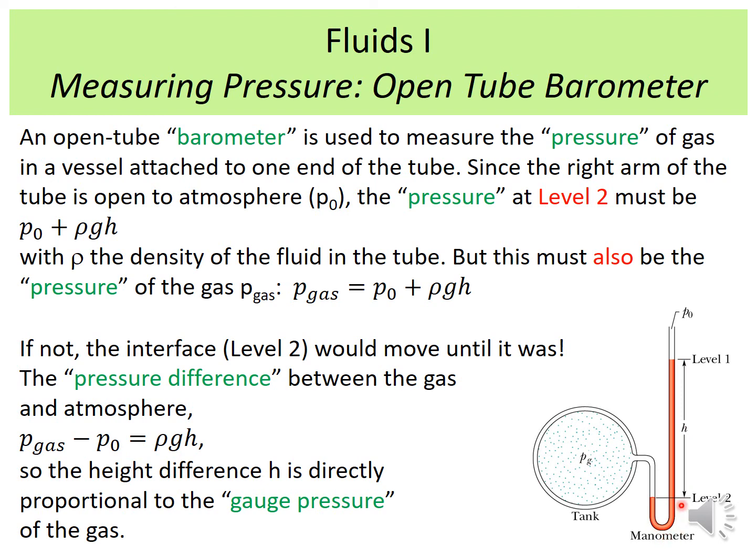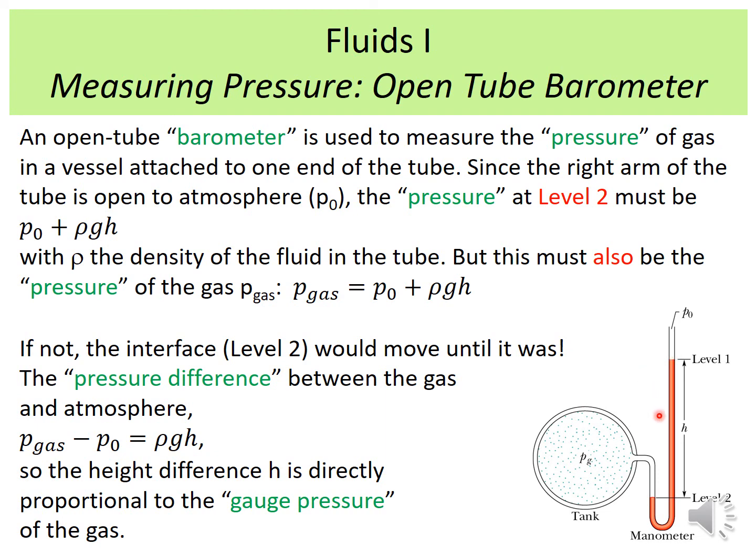filled manometer U-tube, and then you have the height here where you have the interface between the gas and the liquid. This level here all the way to the level where you do have the liquid, atmospheric air, an oxygen-nitrogen mixture here at atmospheric pressure.